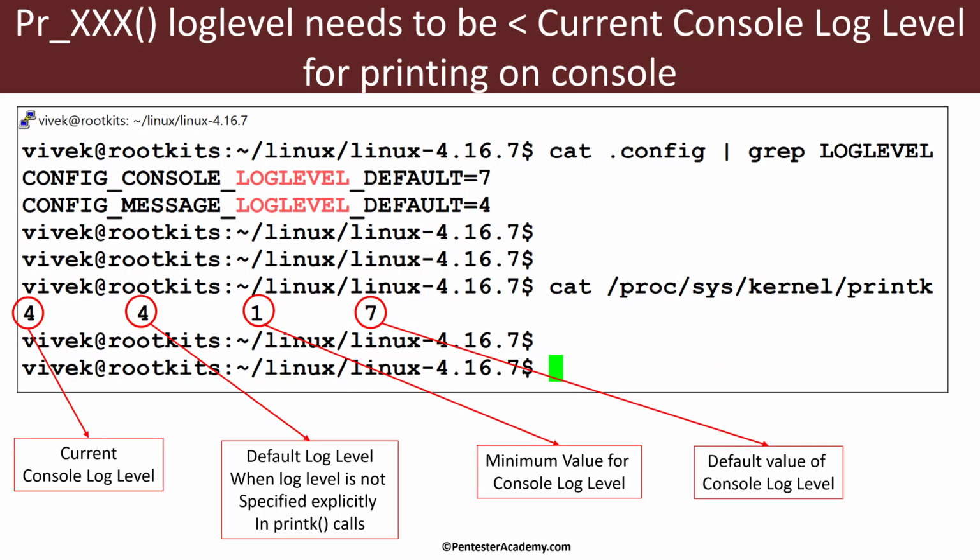Now on a Linux system, as you can imagine, we have these 8 log levels, and if every single log was actually put out, including debug messages, informational messages, and whatnot, the actual console would become totally unusable. And this is really where it was important that we make the console log level configurable so that we can tell the operating system what logs we are interested in to be shown on the console.